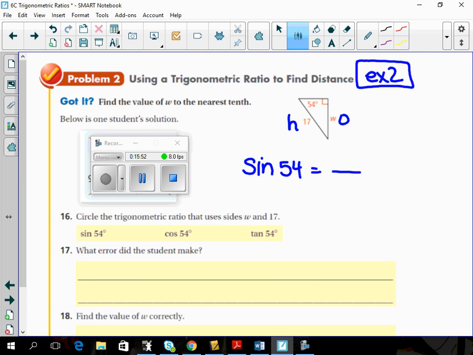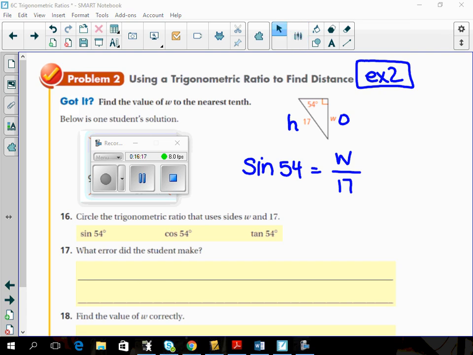So W over, perfect, W over 17. Before we go any further, I really want to make sure you understand where that equation came from. We okay with why it's sine? We okay with where the fraction came from? Why the degree measure's in there? All good.